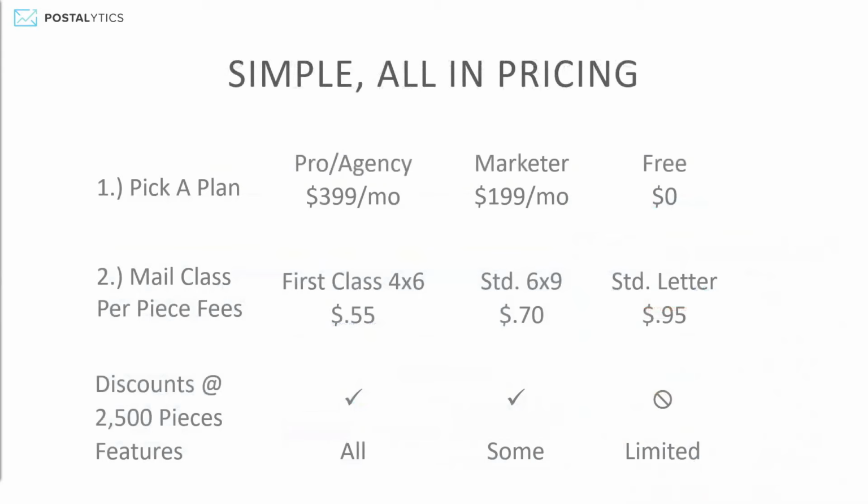And as you move from free through the various subscription tiers, you'll get better pricing, you'll get more features, and you'll get discounts as you do more volume. We try to keep it super simple. We don't have to worry about postage and paper and software and all that stuff. It's all just bundled together.